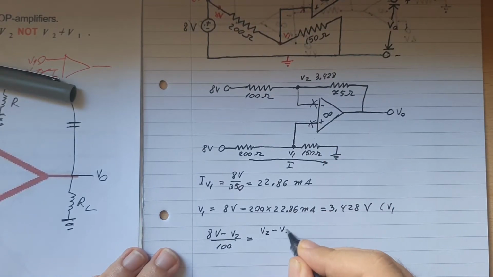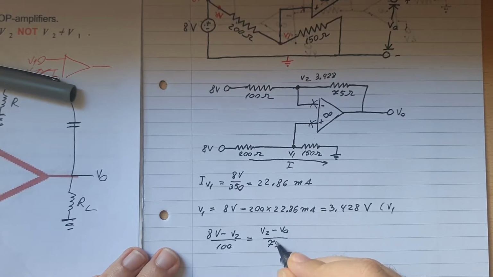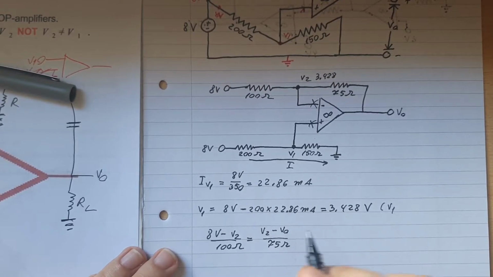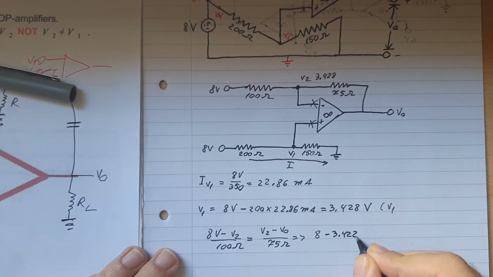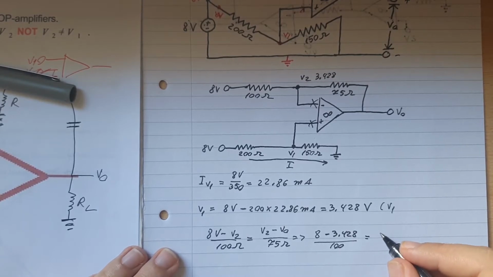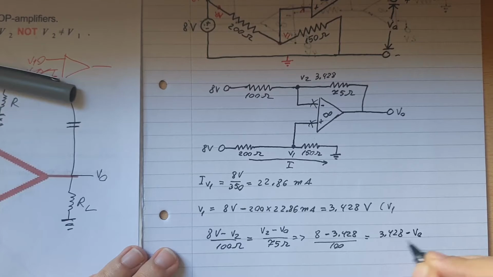Then we just need to replace the V2. So 8 minus 3.428 over 100 is equal to 3.428 minus VO over 75.